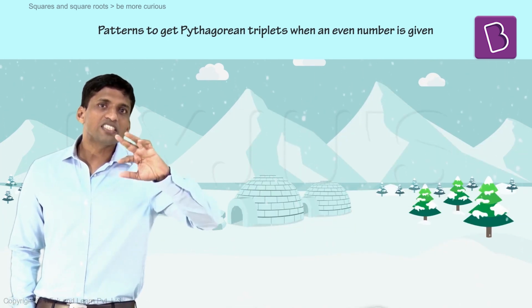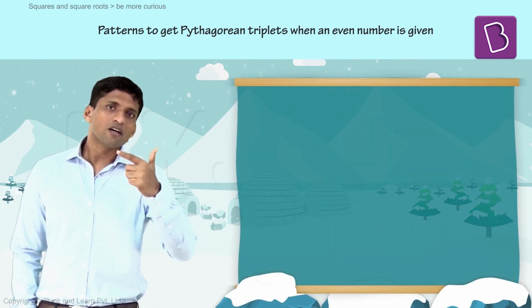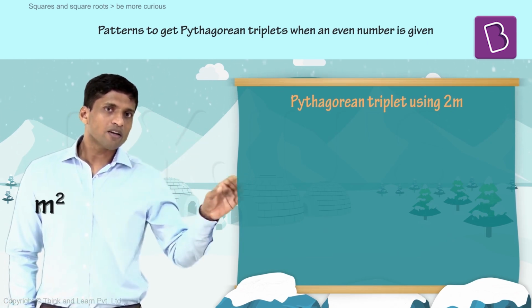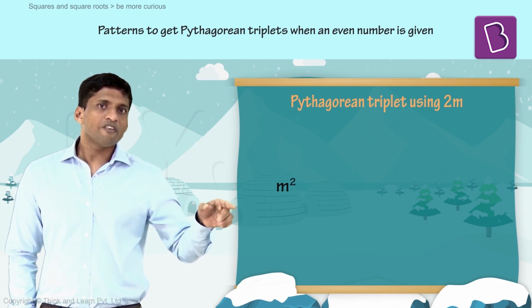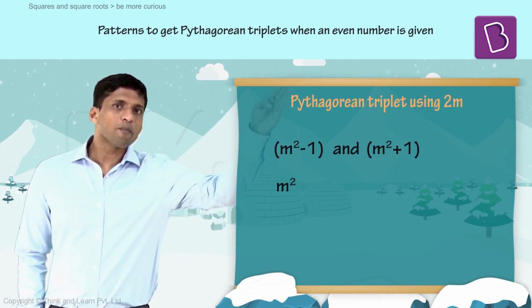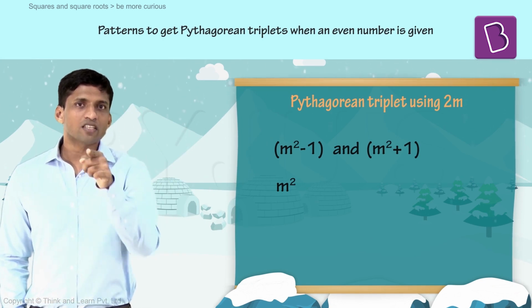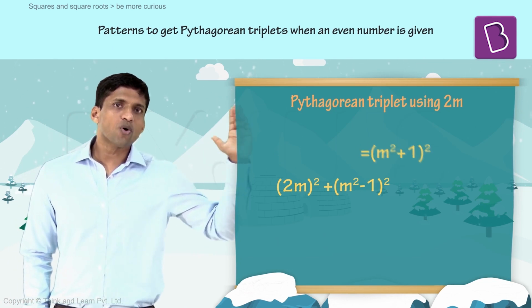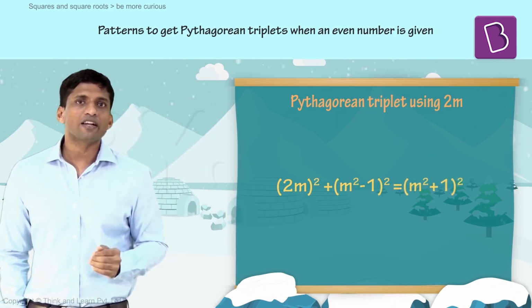Now, this when generalized: for 2m, dividing by 2 gives m, you take m square, and you get m square minus 1 and m square plus 1. That's what you memorized just some time back, where 2m, m square minus 1, m square plus 1 will complete a Pythagorean triplet.